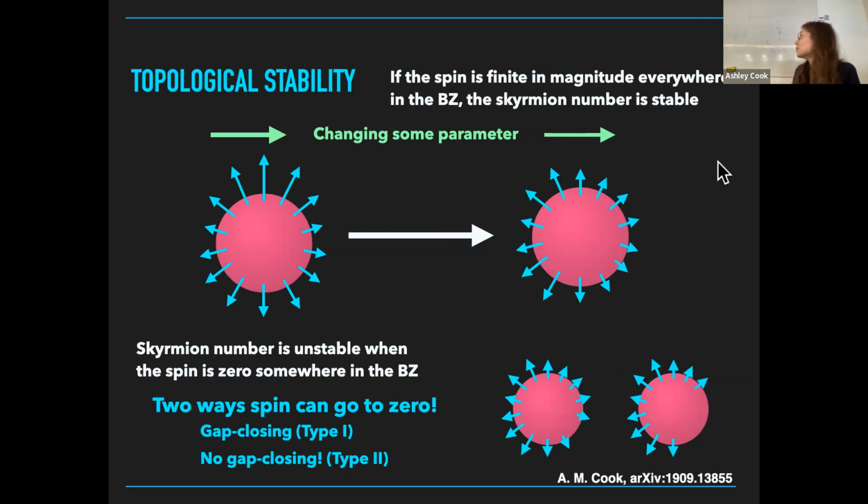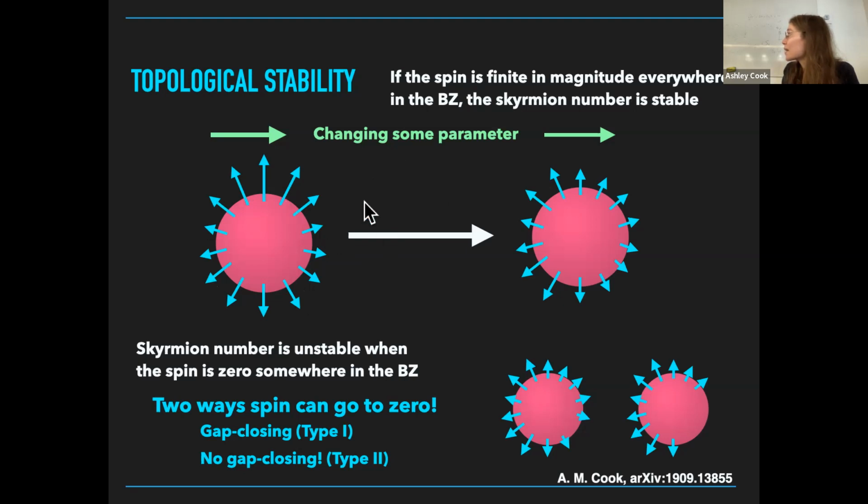And so you might still be confused: what is ensuring that the Skermion number is stable, and what goes wrong that allows the Skermion number to change from one integer value to another? The Skermion number is stable if your spin, as I was saying before, but I'll say it again, is finite in magnitude everywhere in the Brillouin zone.